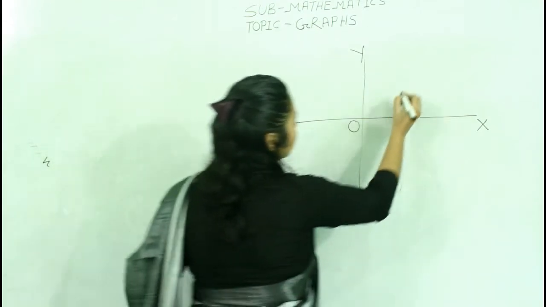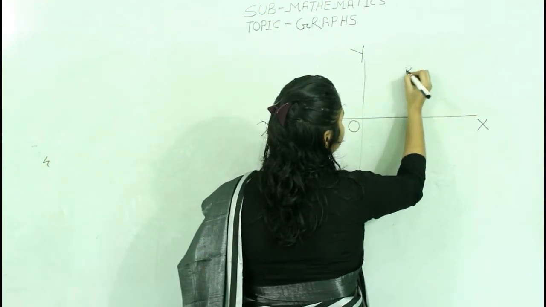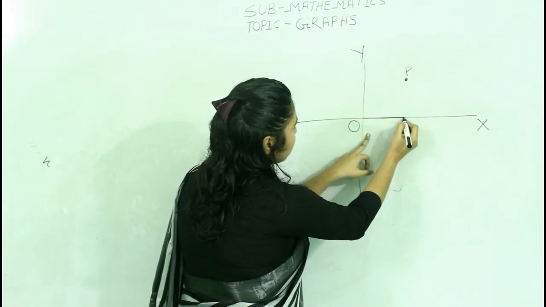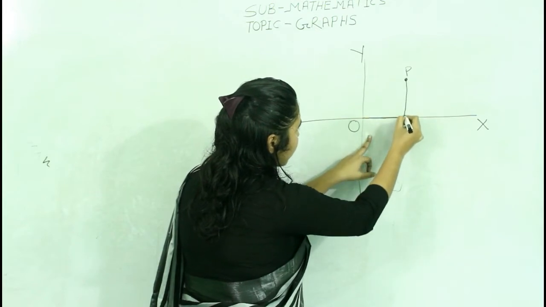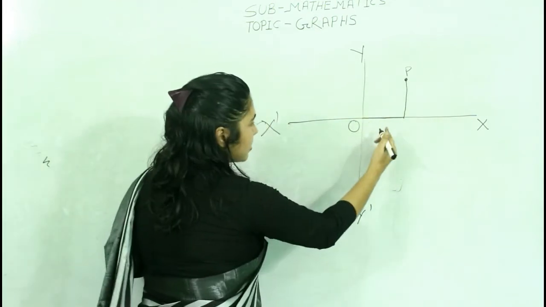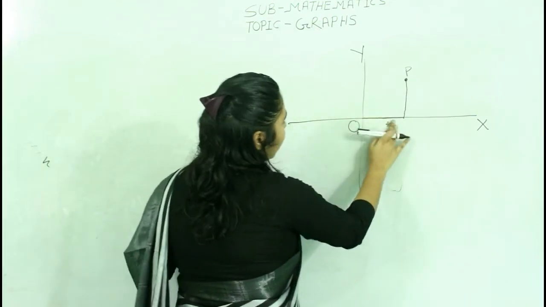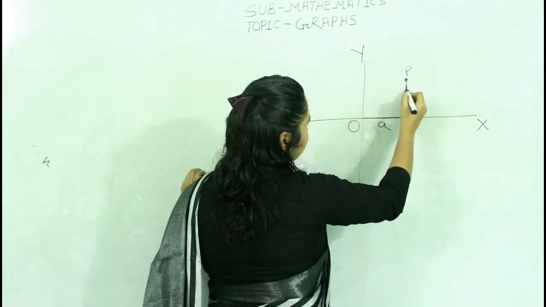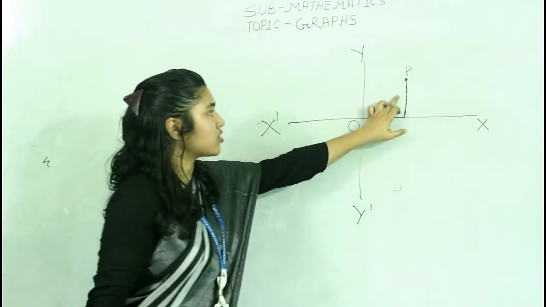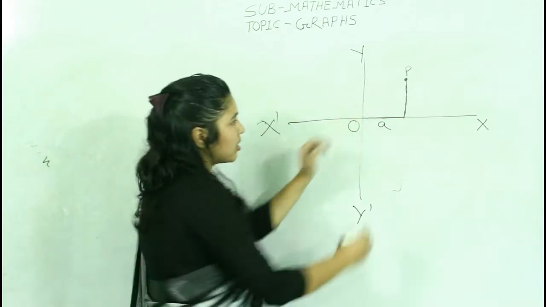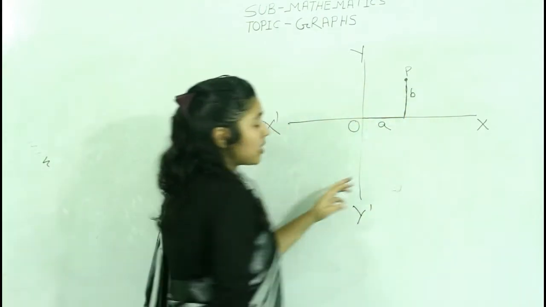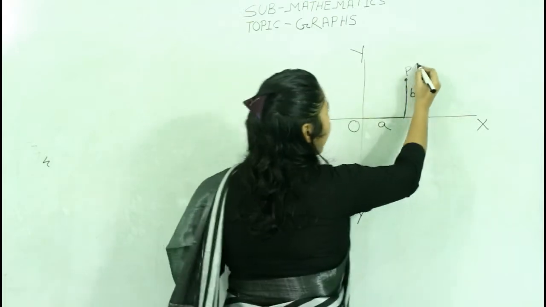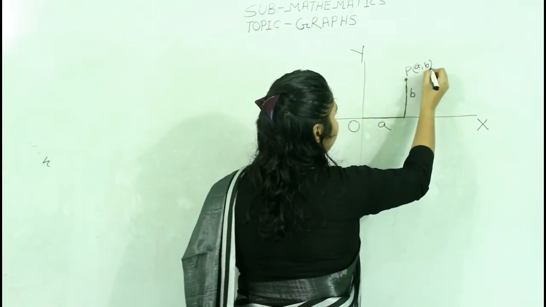Now suppose this is a point P. Suppose this distance is a and this distance, which is the distance of the point from the y-axis, is b. Then the Cartesian coordinate of this point will be P(a, b).